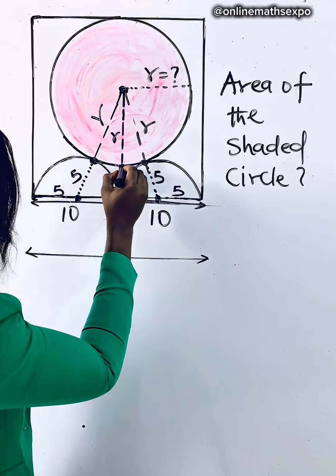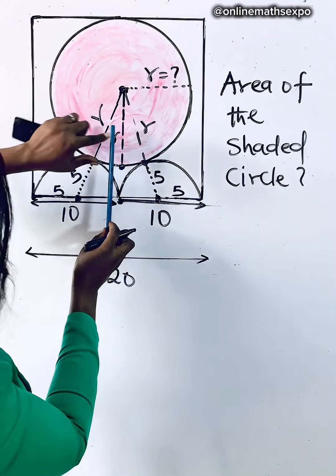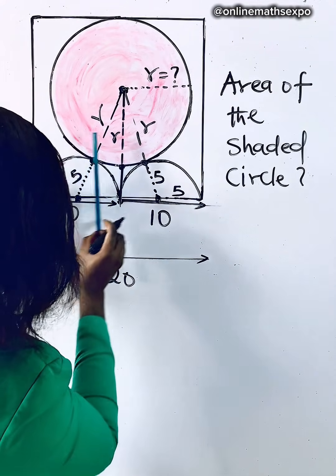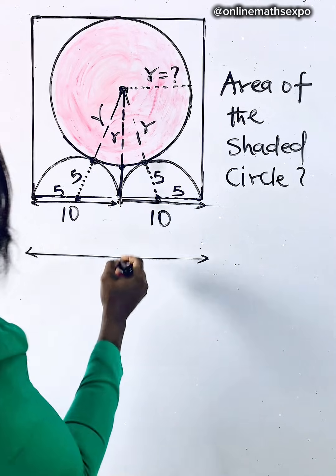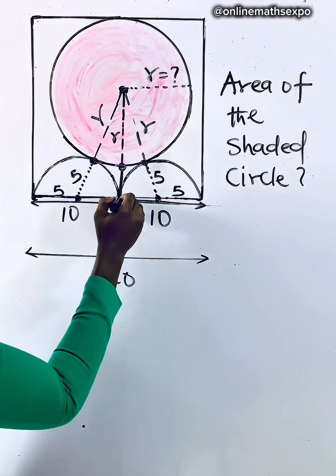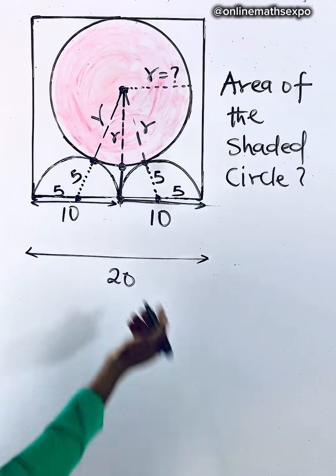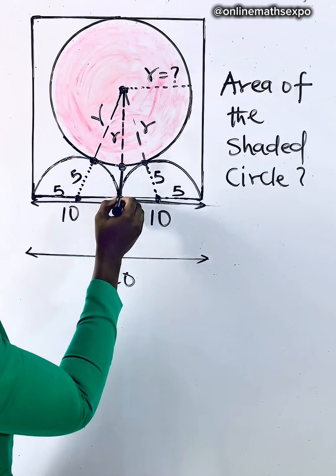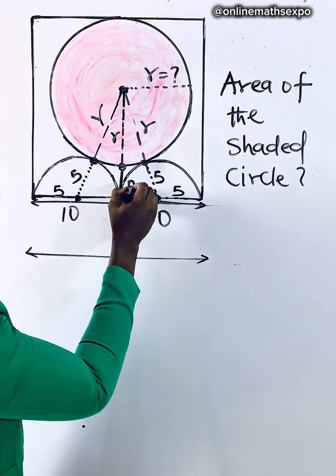If we extend the line from here to touch this point, let's do that. Do we know the value of this length? This length from here to here. We don't know it. It's not the same as the radius. So in that case, let's say that this length here measures M.